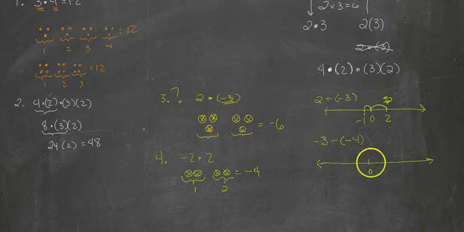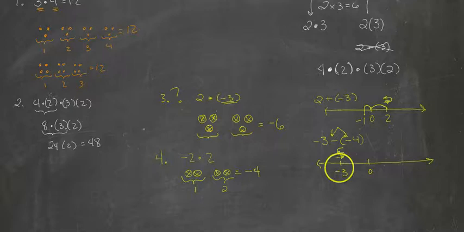I want to go straight to -3, heading the right direction. This minus says to turn around. This minus says to turn around again, or you can start to use your rule. 2 minuses means a plus, so we're going to keep going in the positive direction. And then I want to bounce 4 times. 3 of those bounces would take me to 0, and then there's only 1 more. So I'd be at 1. So this equals 1.